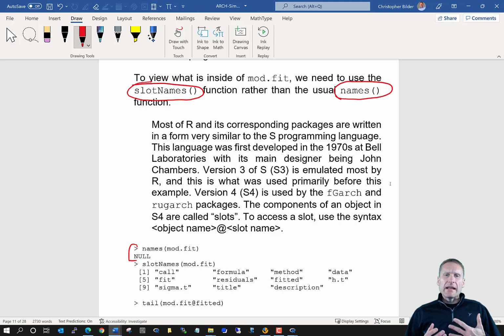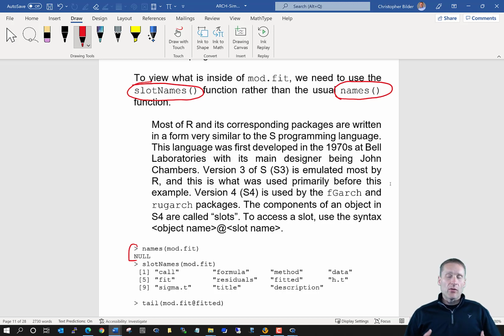The main thing that is really important for us with understanding S version 4 syntax is that in a list for S version 3, it has components. You access parts of the list using a $ syntax like mod.fit$residuals. Now with S version 4, you replace the $ with an @ symbol. So mod.fit@residuals gives you back your residuals.